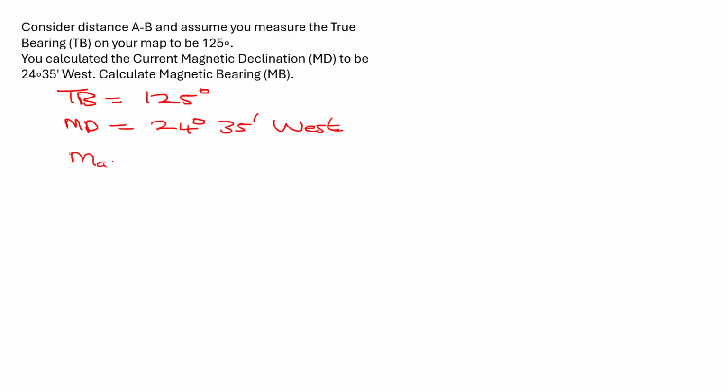So you'll say magnetic bearing, which we can abbreviate as MB, must be my true bearing plus the magnetic declination, because it's westward. I'm just giving you the gist of this.